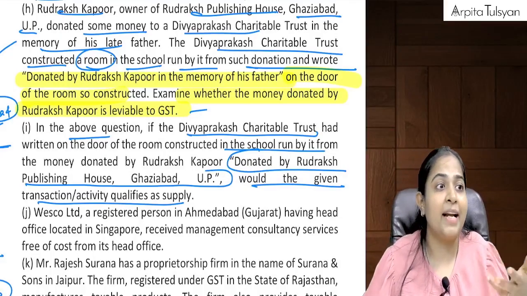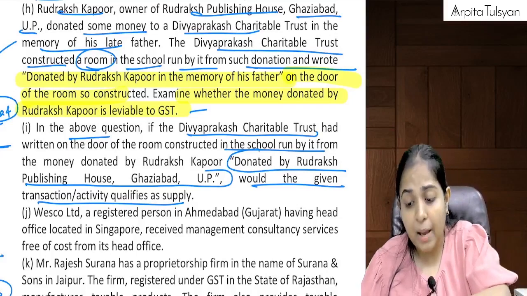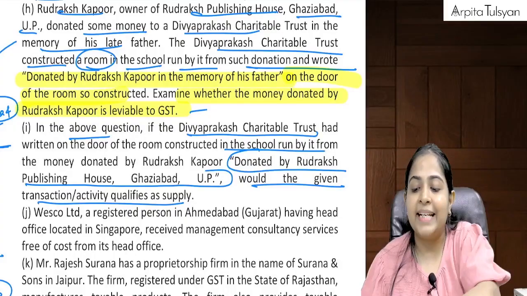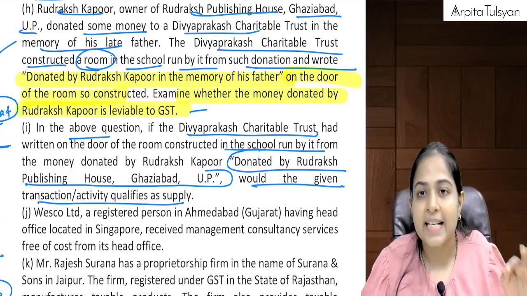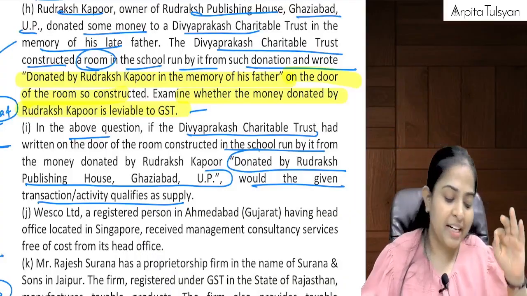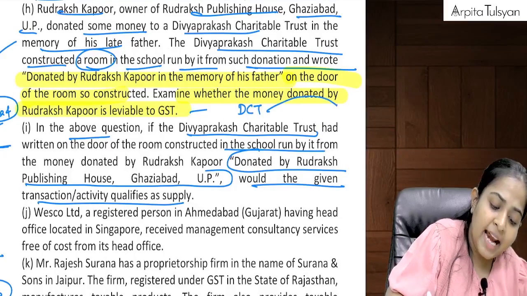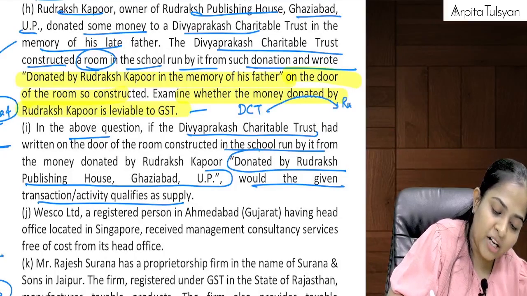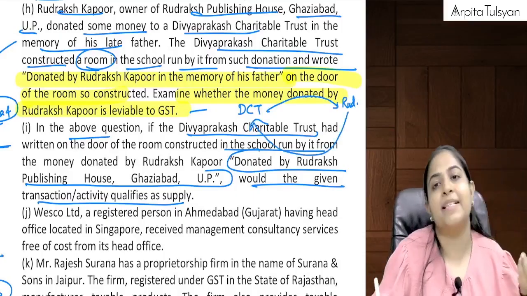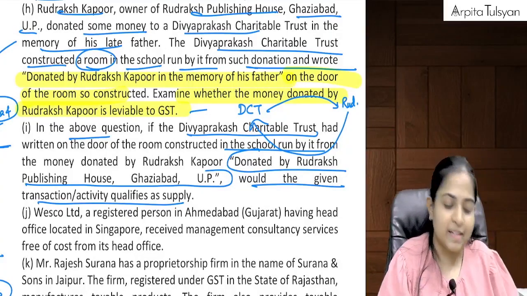The purpose is not philanthropic but promoting the business of the donor. So it will be considered a supply of service by the charitable trust. The service provided is advertisement to Rudraksh Kapoor, for which he has given the donation. Did you understand this? Yes, we had done the circular on this.